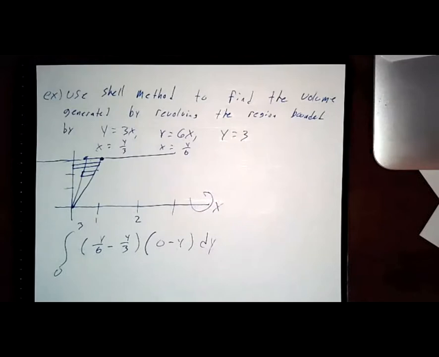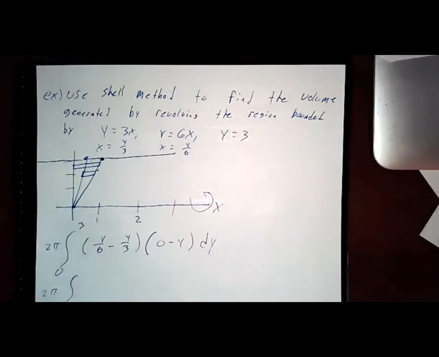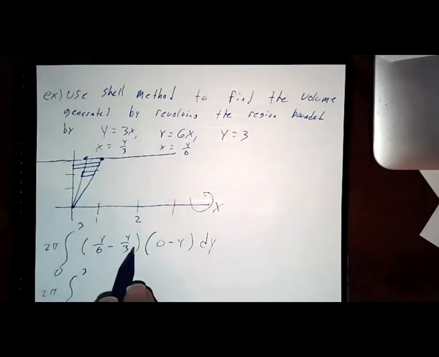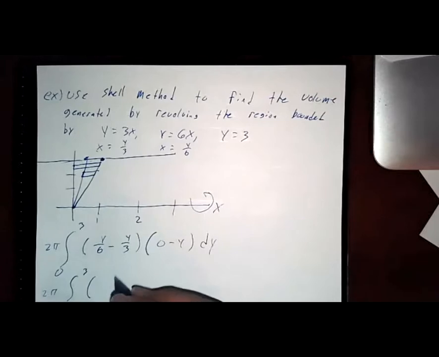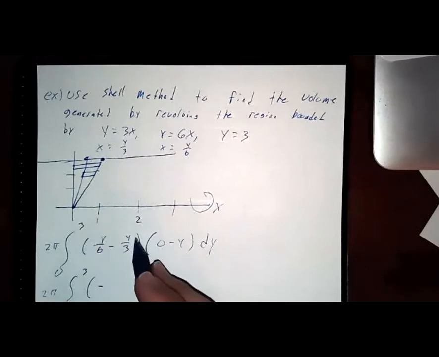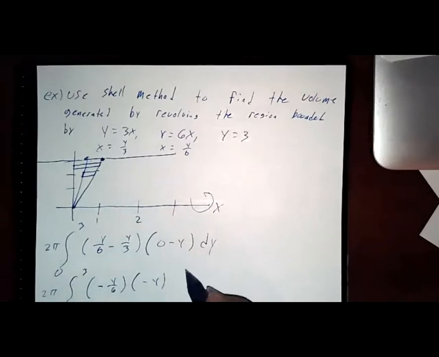All right. So I believe there's a 2 pi in front of this formula. So that will be the integral of y over 6 minus, that would be negative, 2 over 2, sorry. So 1 minus 2 is negative y over 6, times negative y dy, which should be y squared over 6 dy.